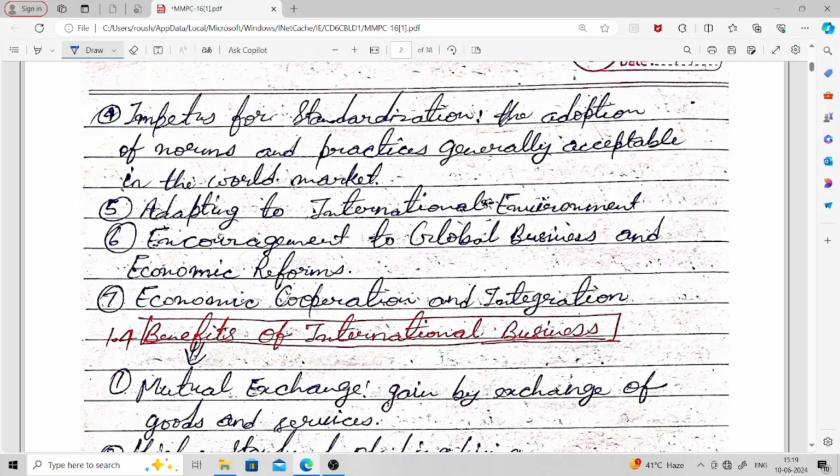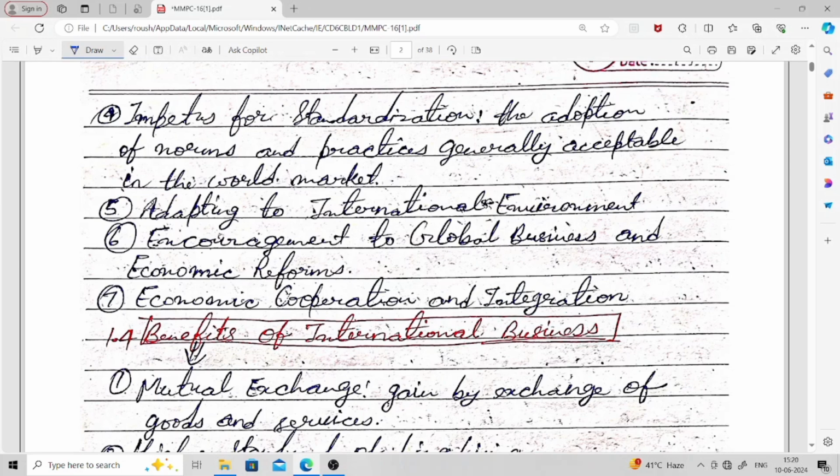Whenever there is international trade, it will lead to the adoption of norms and practices acceptable in the world market. If one company wants to do business with another country, then the quality, or you can say the standard, should be as in the world market.